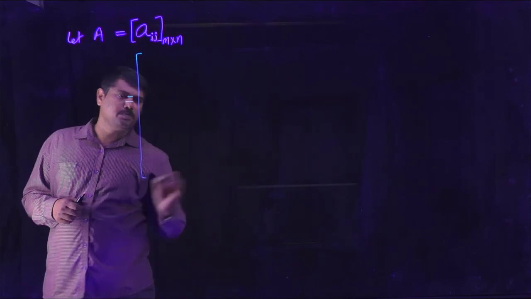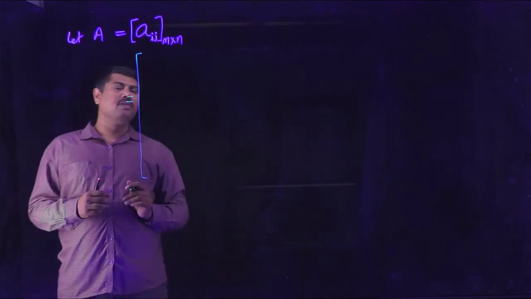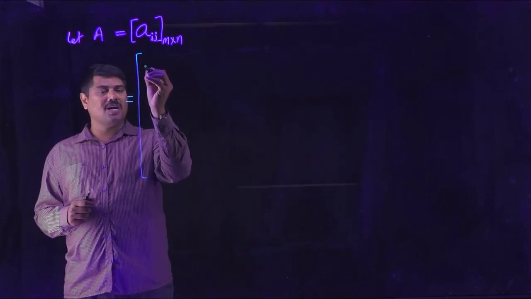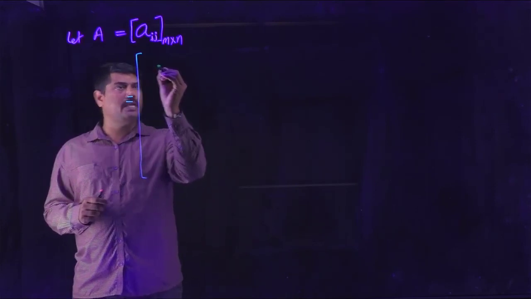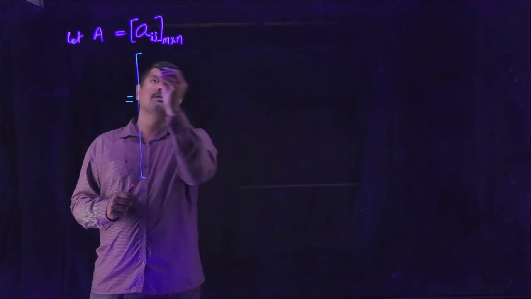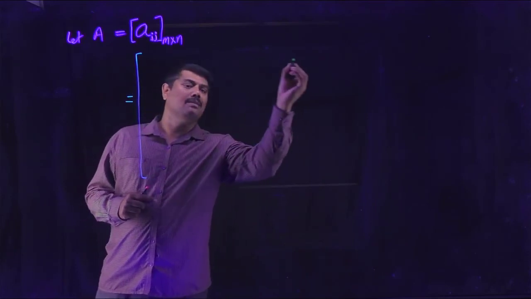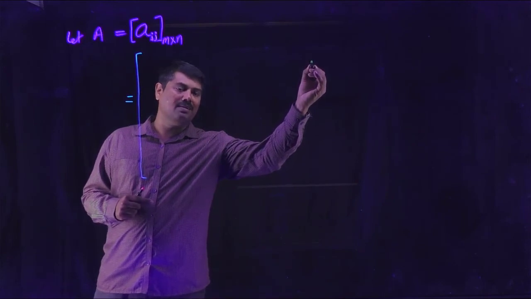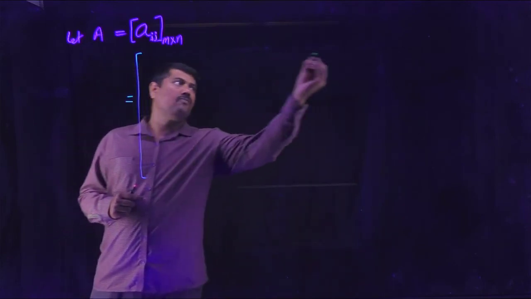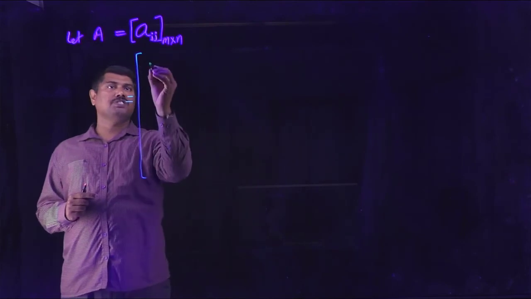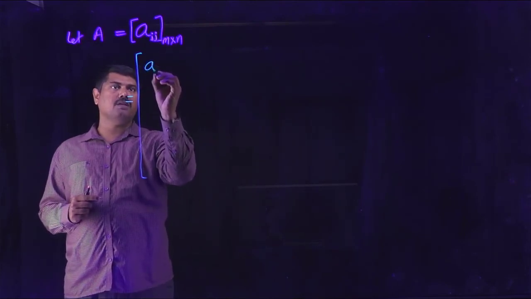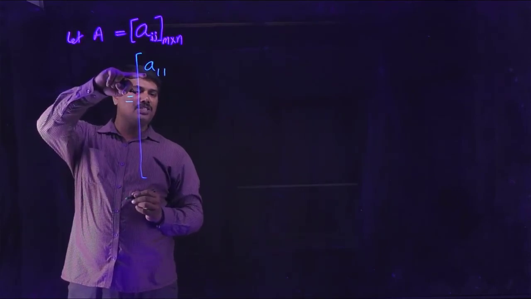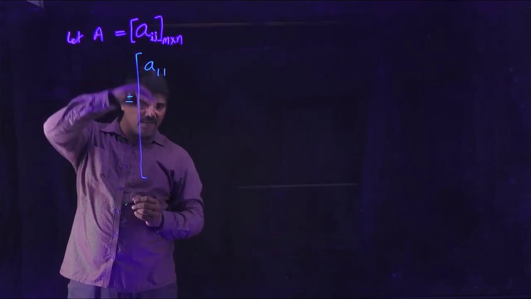Let me expand it in a larger manner. If I start to arrange the elements in this horizontal way, this is the first row, R1. So the first element will be a11, because this element exists in the first row and the first column.